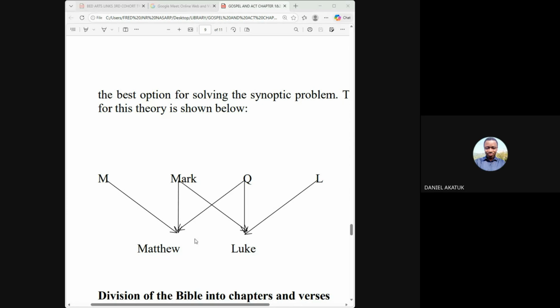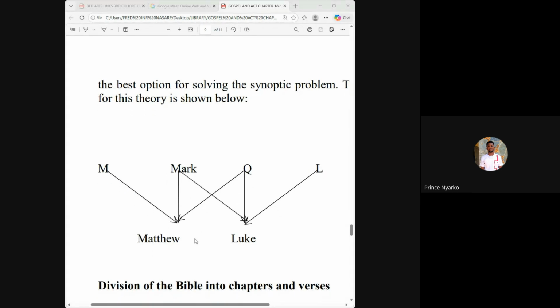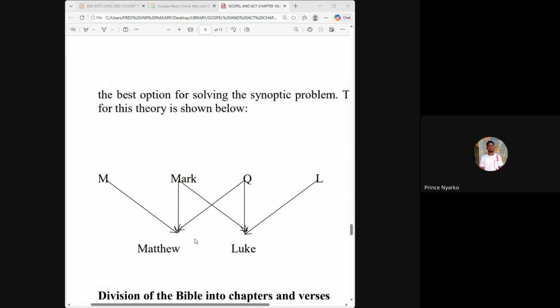Hello. I think he didn't refer to what you said earlier. But to me, the fourth one, I think this one solves the problem, because this theory is trying to justify where all those writers got their information from. So if I get information from a place that you didn't get, that means what I write will be different from what you write.